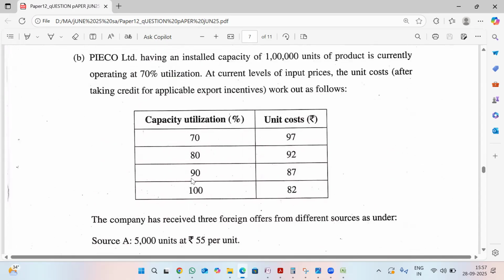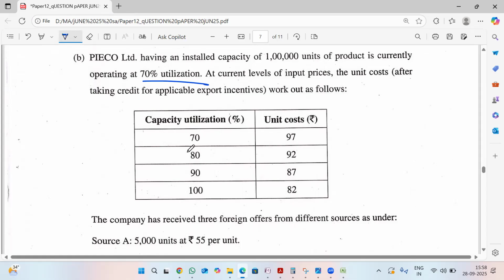So now this is relating to differential costing, because we have so many percentages. As of now, the company is operating at 70 percentage capacity. So here I have differential cost only, right?